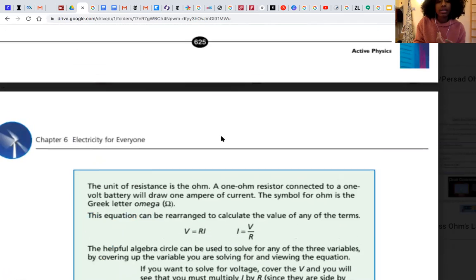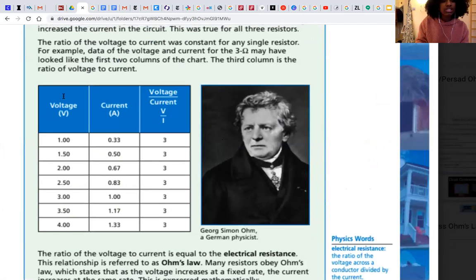Oh, and as a reminder, this V is standing for volts, not voltage. So we measure voltage in volts, capital V. We measure current in amperes, capital A. And voltage basically measures joules per coulomb of charge.